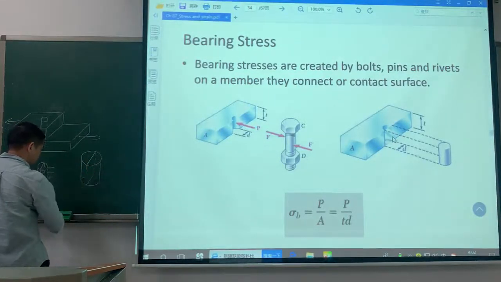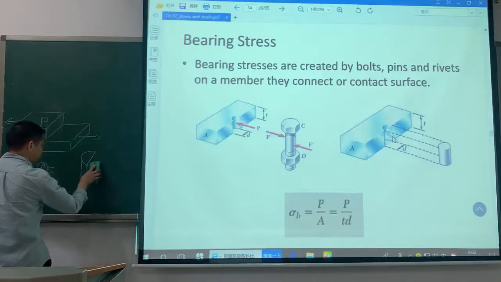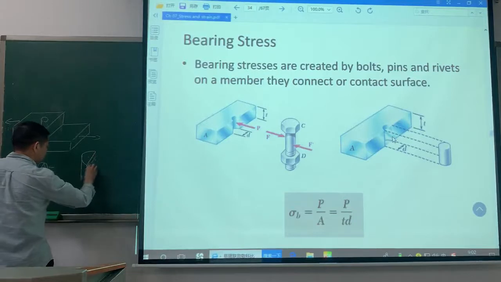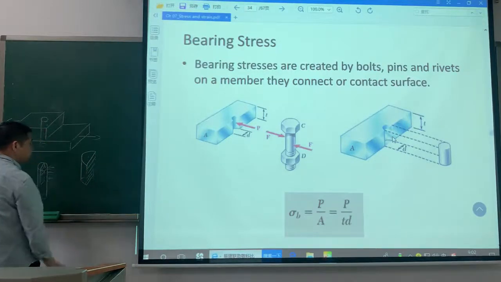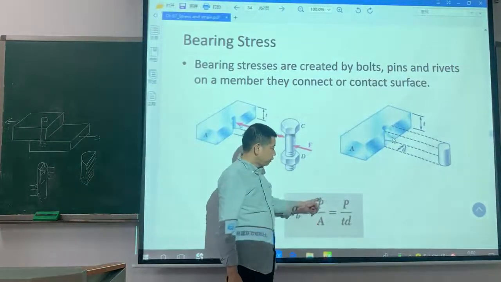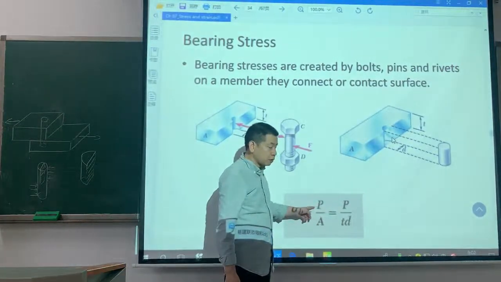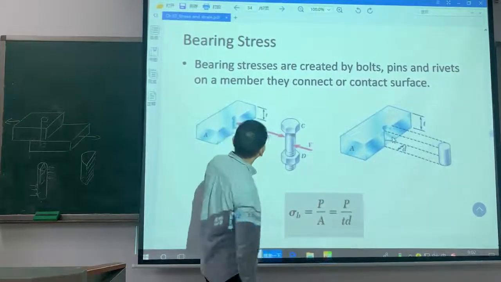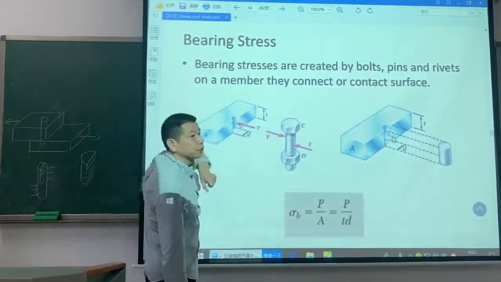The shadow plane is the bearing area. We call it the sigma BS, the bearing stress.